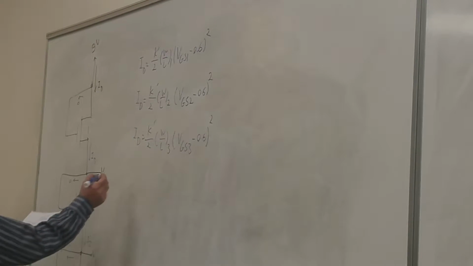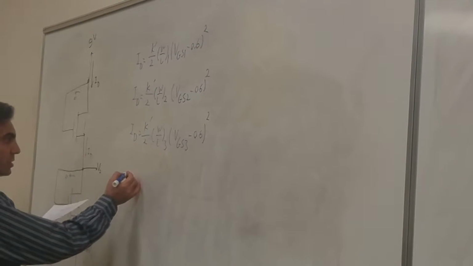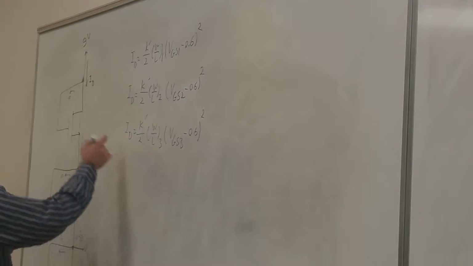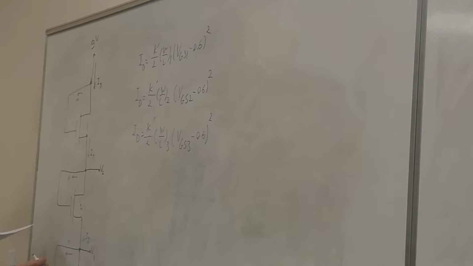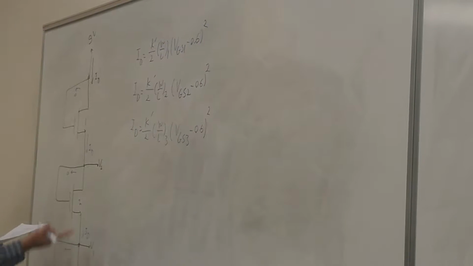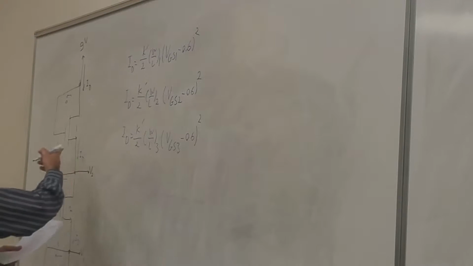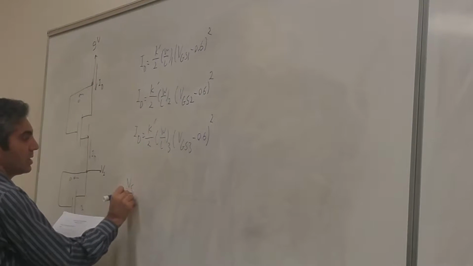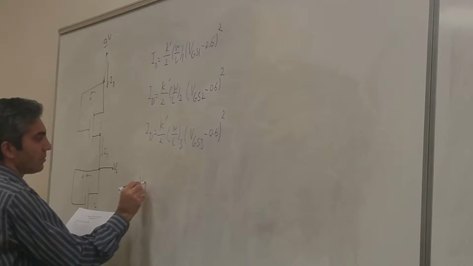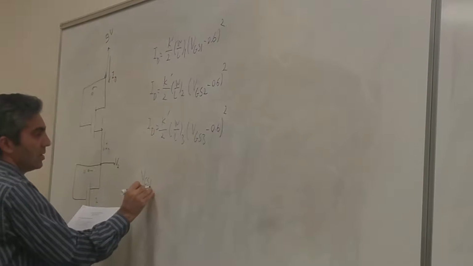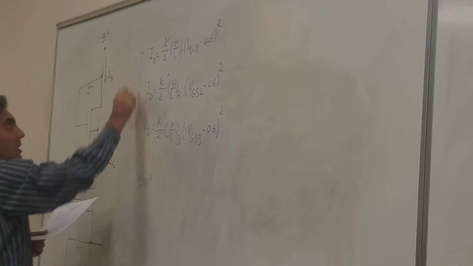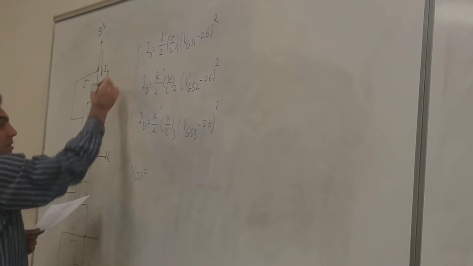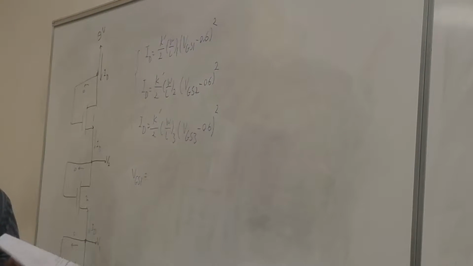Then there are a couple more equations that you can write because you don't have VGS values labeled in this circuit, so you have to figure out what these VGS values are. These are really not equations, these are facts more than anything else.